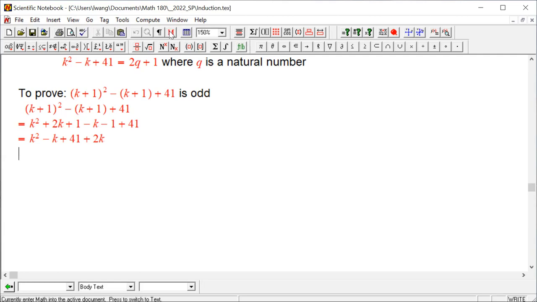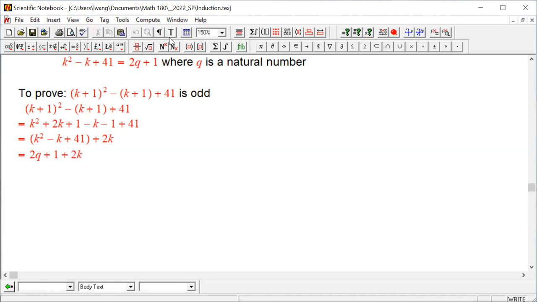Now, this piece, we can use the assumed fact. We're going to put this in parentheses and substitute the parentheses by its equal. So we're going to take 2q plus 1 and then plus 2k.